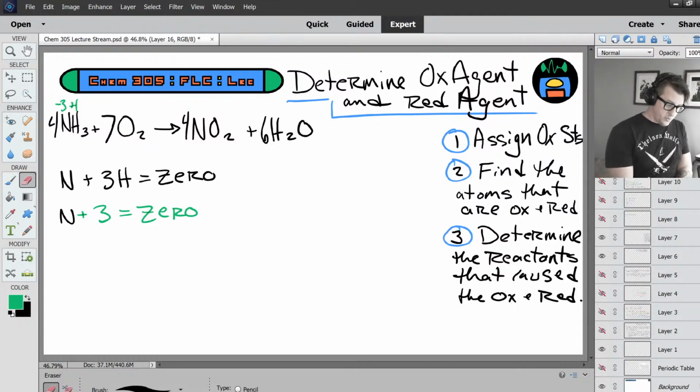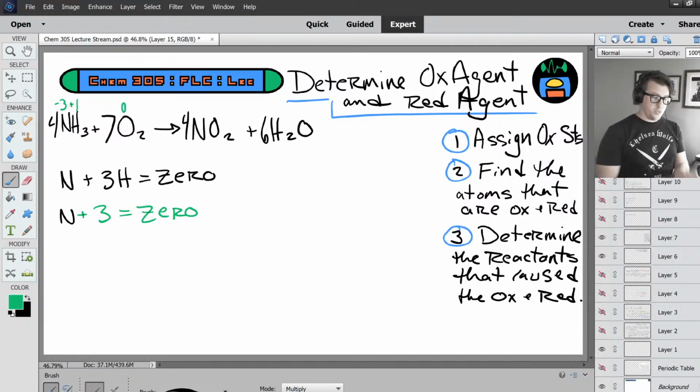In our molecule of O2, we have a charge of 0, so oxygen bears an oxidation state of 0.